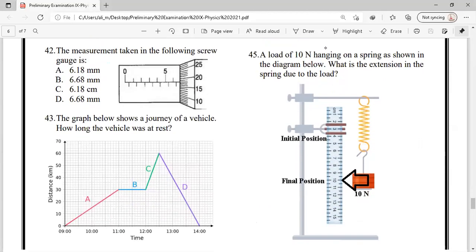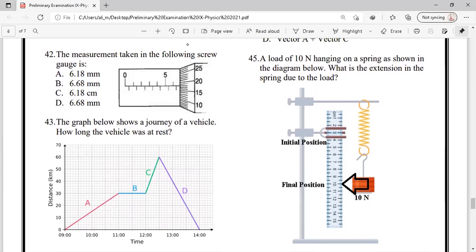Then we have question number 42, in which we have a diagram of the screw gauge. We have to find the total reading. We know that total reading is equal to main scale plus least count multiplied by circular scale. The main scale reading in this diagram is 1, 2, 3, 4, 5, and 6, and the line below this reference line is 6.5. So the main scale will become 6.5, while the circular scale is 18.